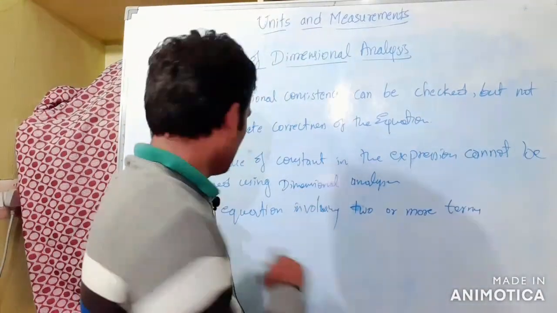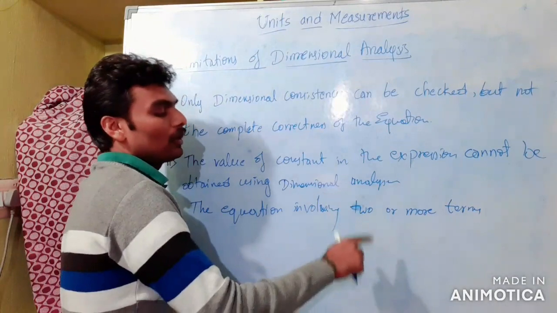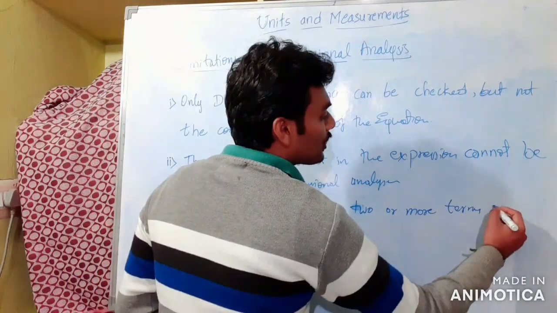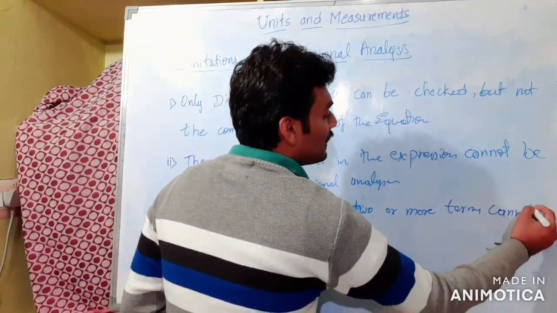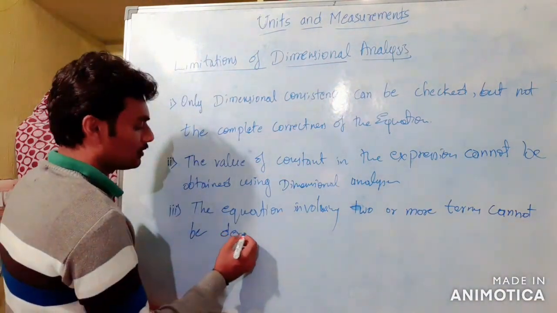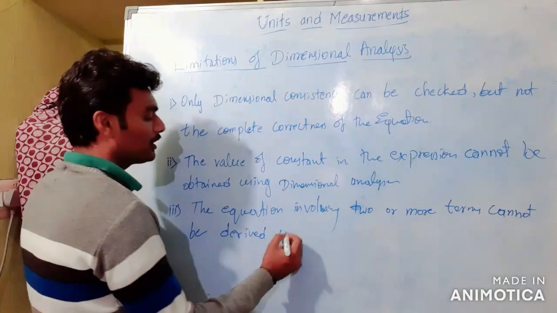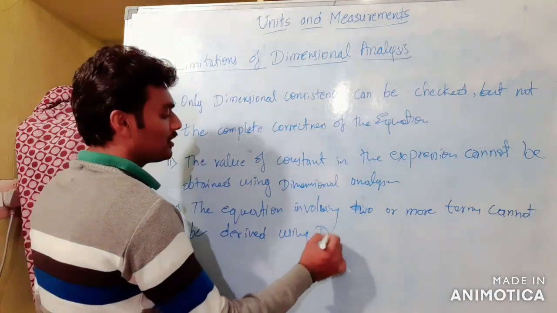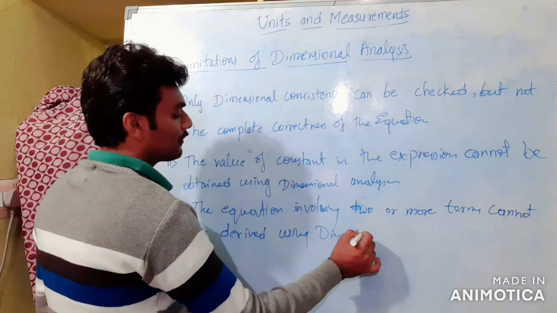So the third limitation is the equation involving two or more terms cannot be derived using dimensional analysis.